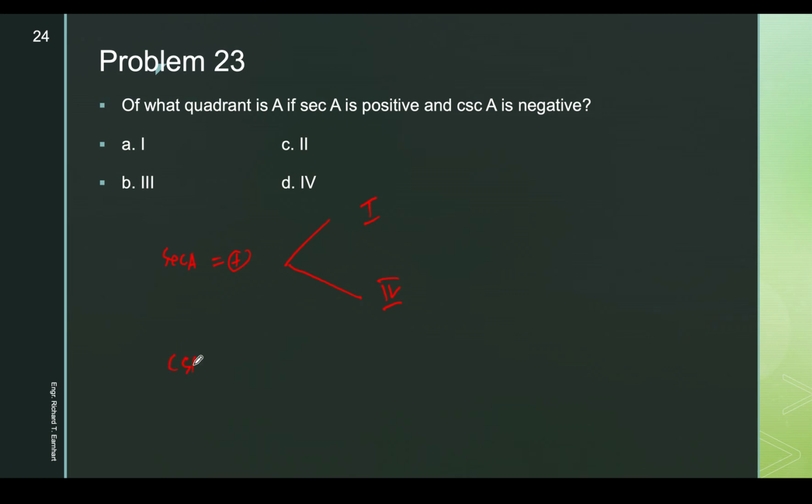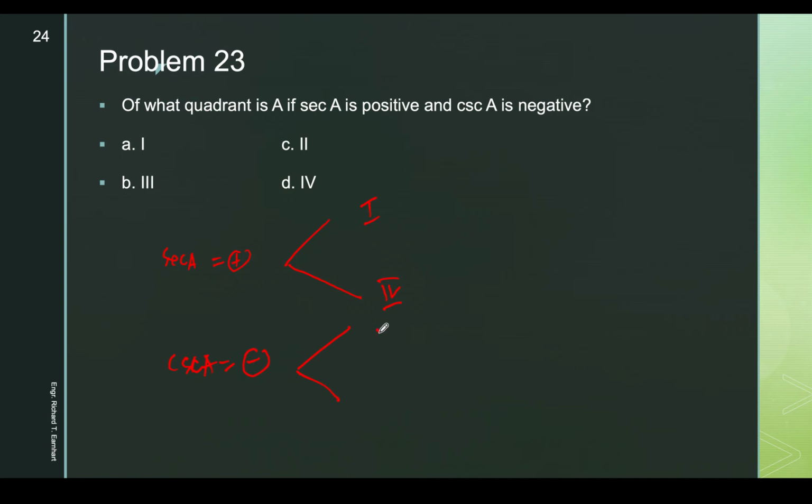Okay, cosecant of A is negative. Cosecant, the reciprocal is sine, and sine is negative in the third and fourth quadrant.